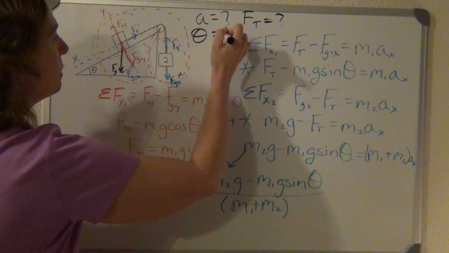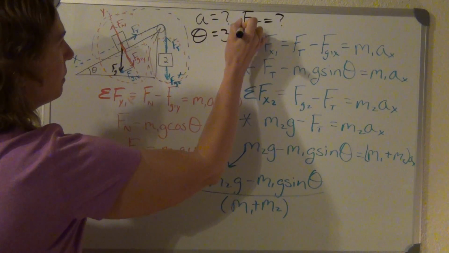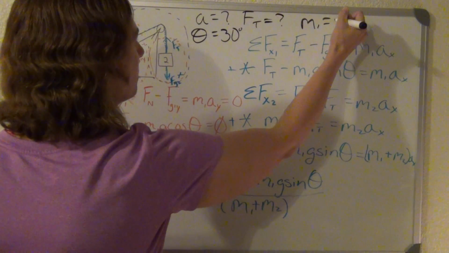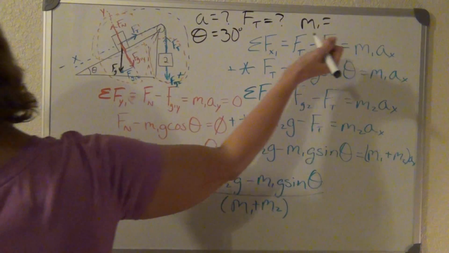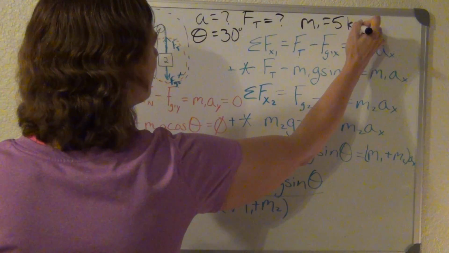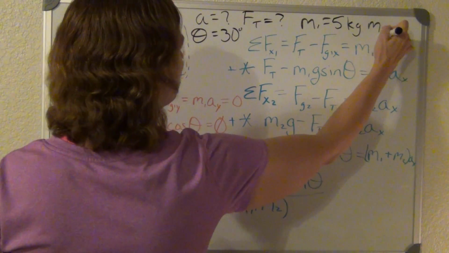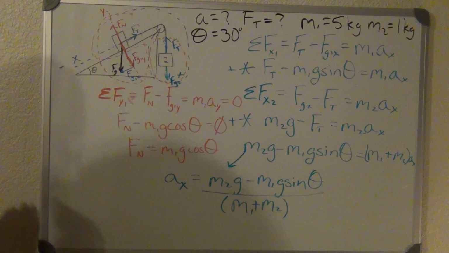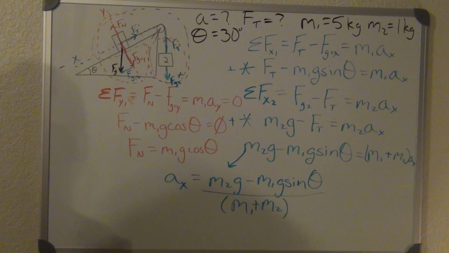If theta equals 30 degrees, m1 equals 5 kilograms, and m2 equals 1 kilogram. Okay, go ahead and solve for the acceleration and the force of tension on that. The next video will show the calculation for that, and you can see if you're getting your calculation of the problem correctly.